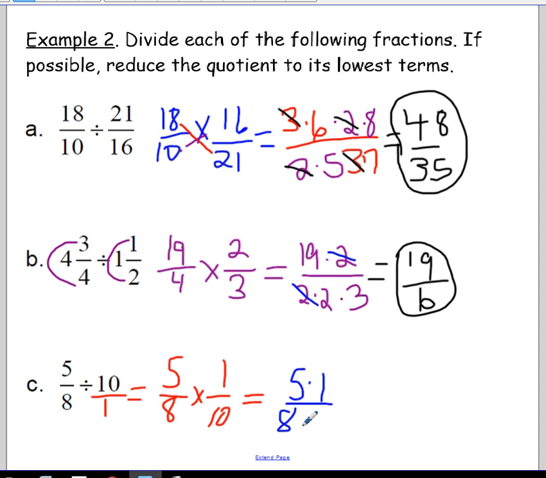But 10 is a multiple of 5, so we're going to change that to 2 times 5. And so our 5 from the top can cancel with the 5 on the bottom, and we're left with only that 1 on the top, and 8 times 2, or 16 on the bottom. And so 1/16 is the answer there.